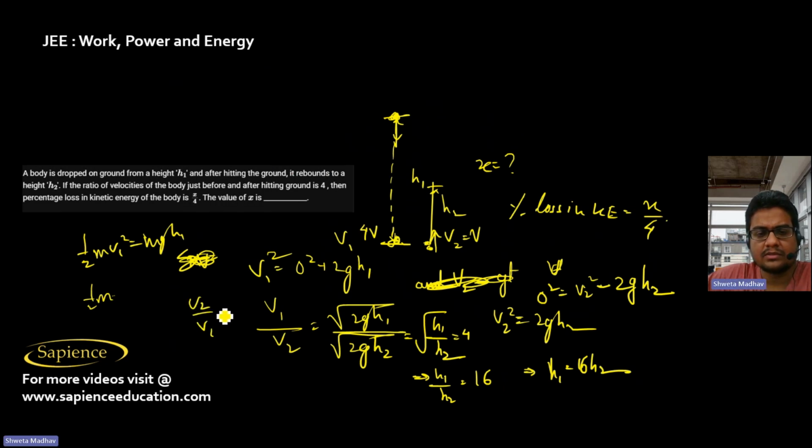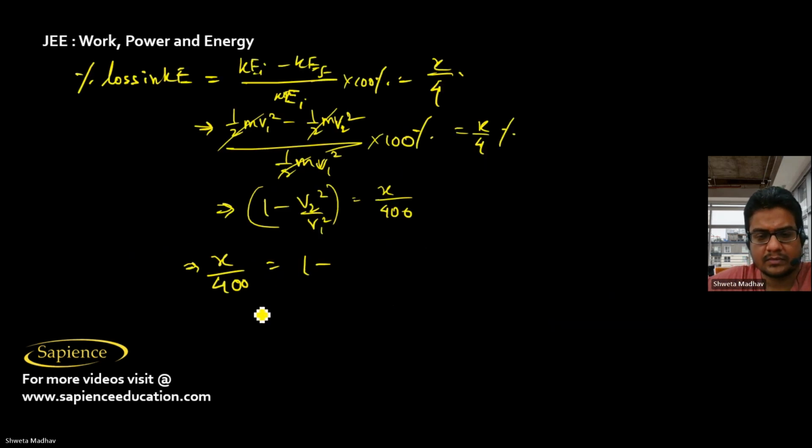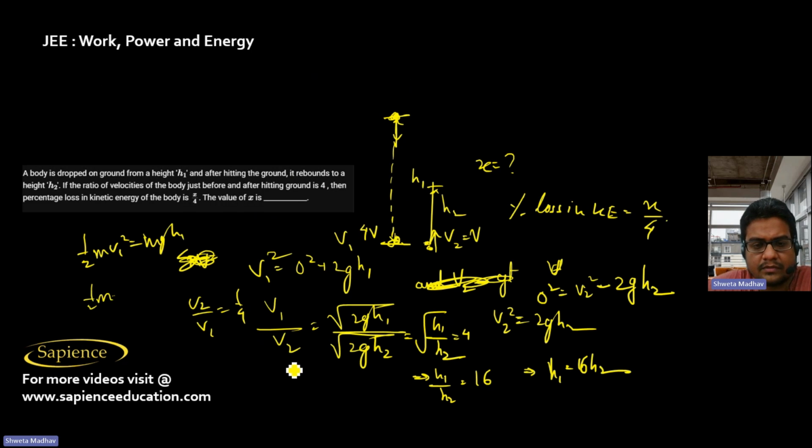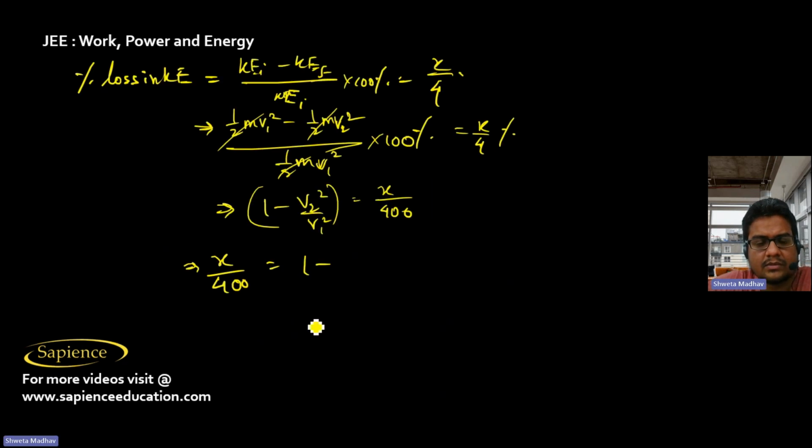v2 by v1 is equal to 1 by 4, so v2 square by v1 square is 1 by 4 whole square.